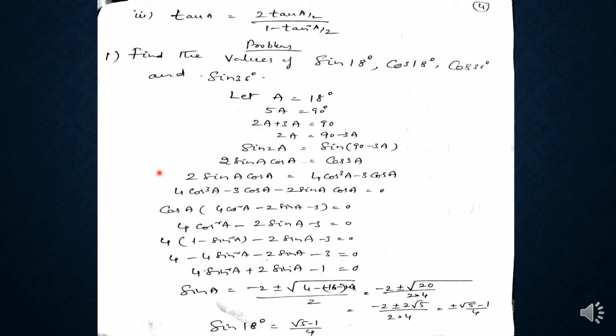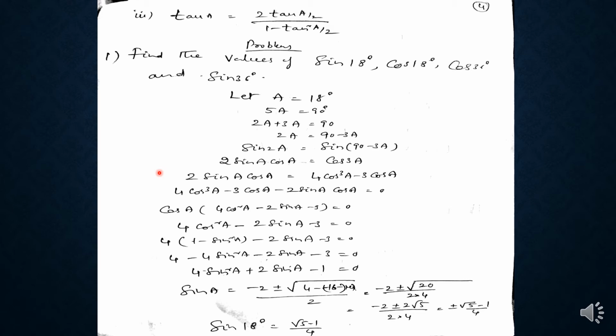Multiplying on both sides by 5, we get 5A is equal to 5 into 18, that is 90 degrees. Here 5A can be written as 2A plus 3A, that is equal to 90. So here 2A can be written as 90 minus 3A. Now by applying sin on both sides, sin 2A is equal to sin of 90 minus 3A.